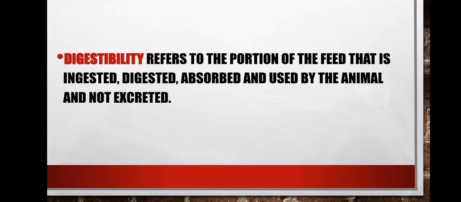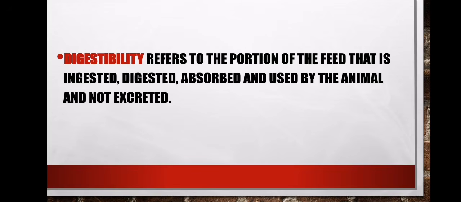So this is the portion of the feed which was ingested by the animal, or eaten by the animal. And the animal also digested the feed, absorbed the feed, and used it, whether for maintenance, for growth, or for production. But this is the feed that will be used by the animal.